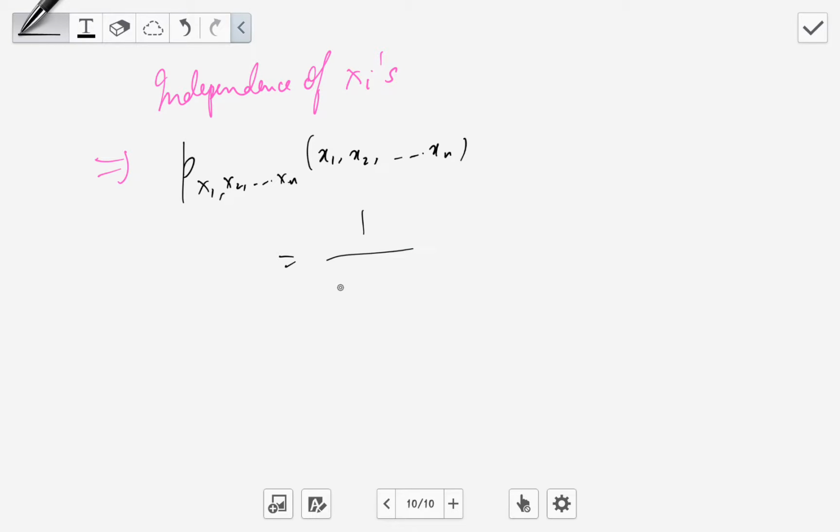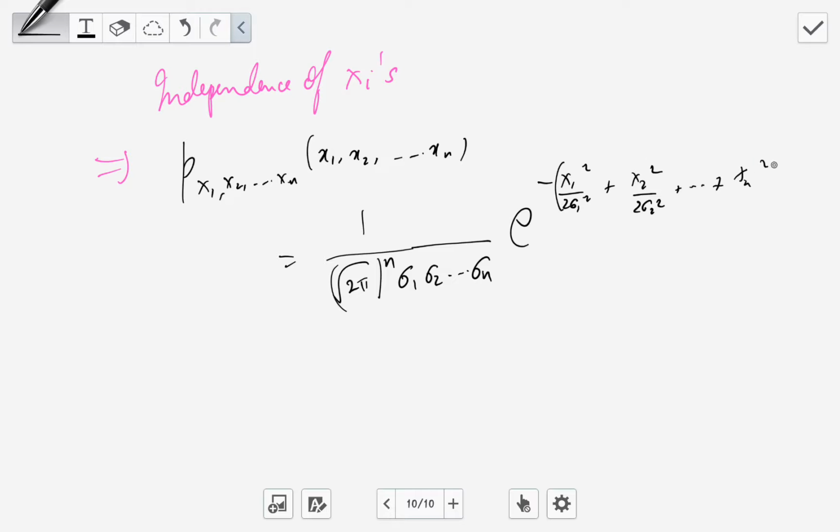This is 1 by square root of 2 pi to the power n, and we multiply all of them, so it will be sigma 1, sigma 2, so on up to sigma n, then e to the power minus x1 squared by 2 sigma 1 squared plus x2 squared by 2 sigma 2 squared plus so on up to xn squared by 2 sigma n squared.